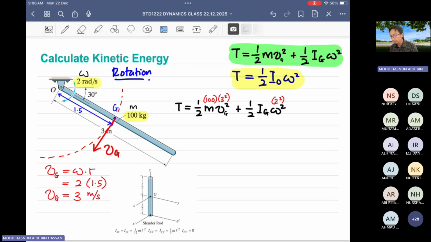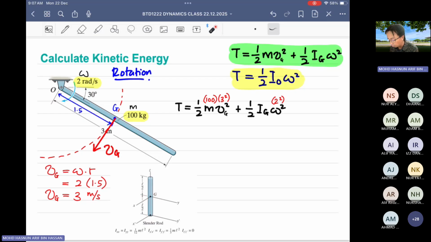Which one should we use for Ig? For Ig, look at the rotation of the rod. The rod is rotating like that. Point G is here. We are not calculating IO. If we were calculating IO, then we could take the position at the back. But now we are calculating at point G.